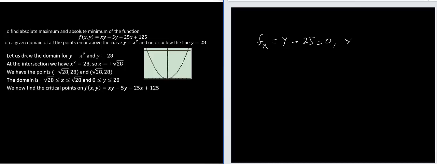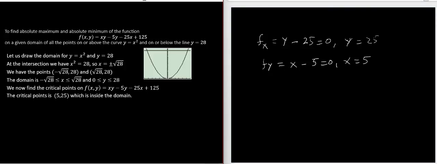Then you can say y equals 25, and the partial derivative with respect to y gives me now x minus 5. When you set equal to 0, you get x equals 5. So now we can list this point also here: the critical point we have found is 5, 25, which is inside the domain.